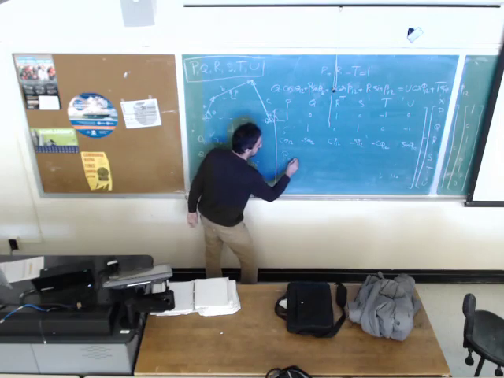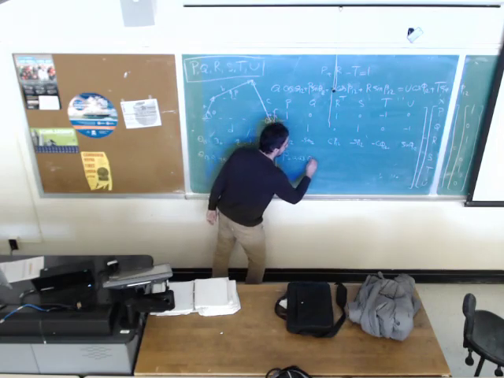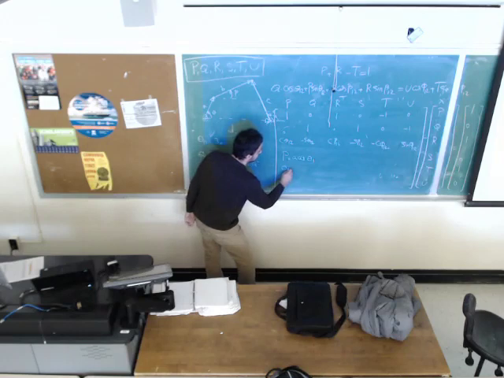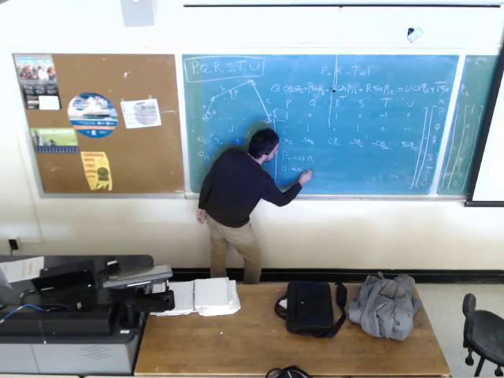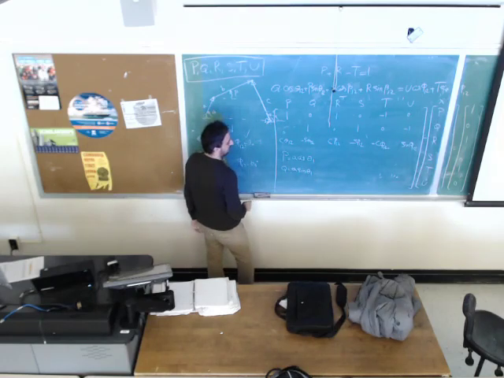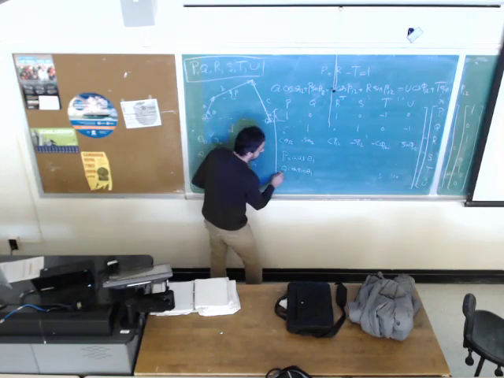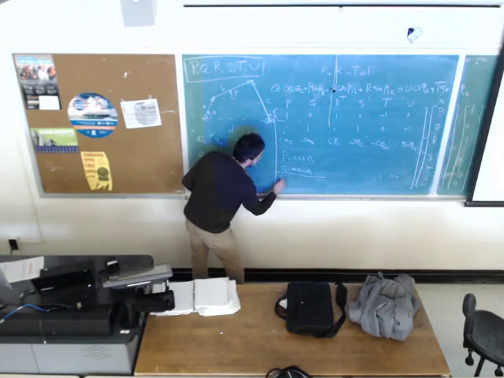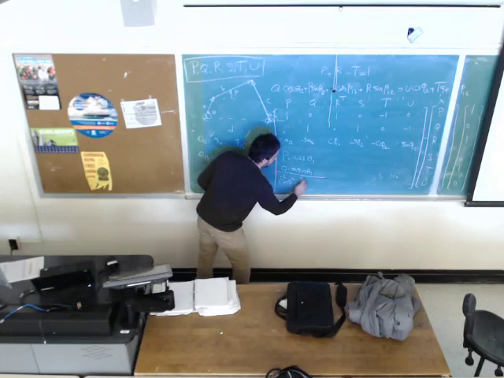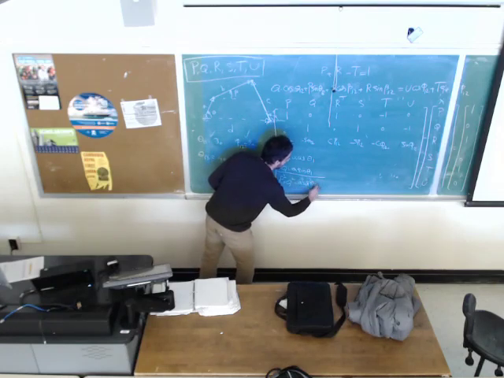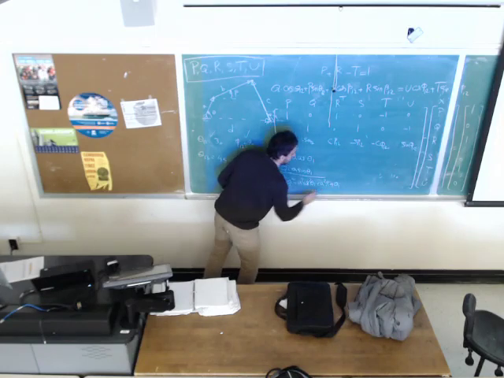But we know that P is A cosine of theta 1, Q is A sine of theta 1. When you have P and Q, after you solve that, if I square both, P squared plus Q squared is going to be A squared cosine square of theta 1 plus A squared sine square of theta 1.